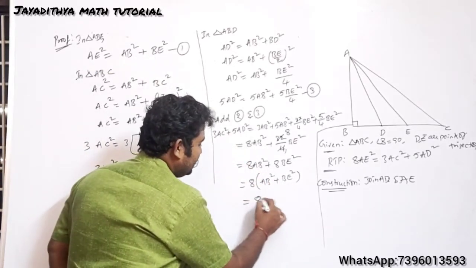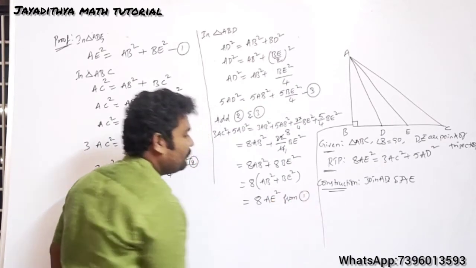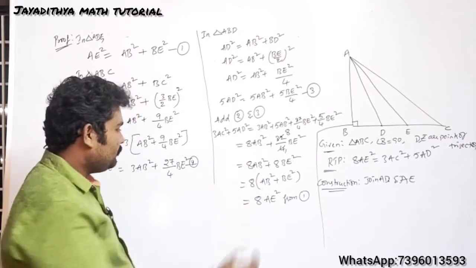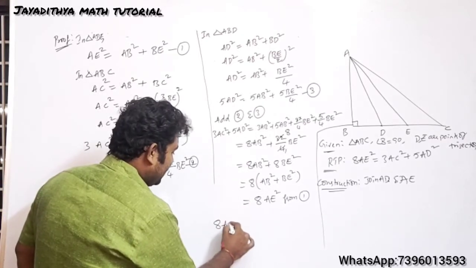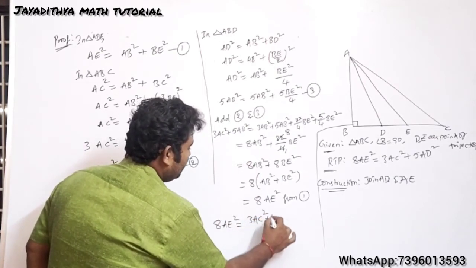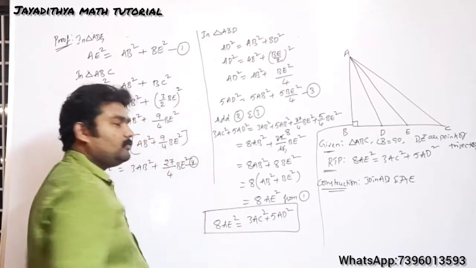So simply you write here 8AE square. So 8AE square is equal to how much? That is 3AC square plus 5AD square. So hence proved. That's all now.